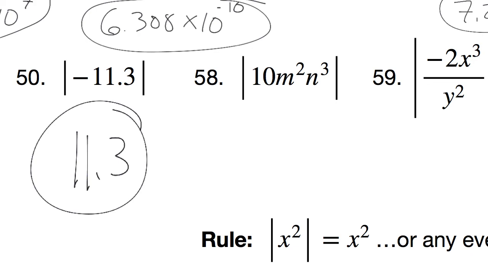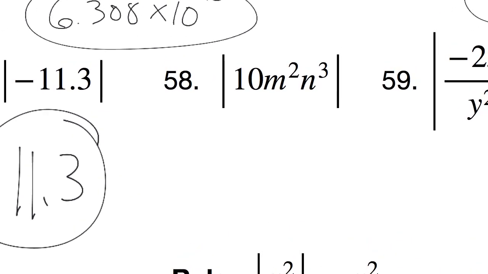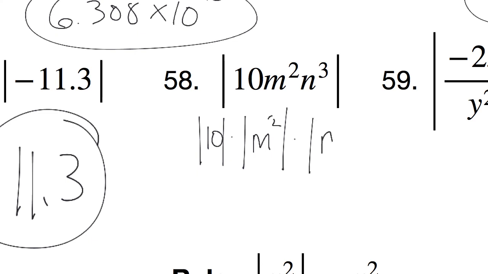Here, you can take the absolute value of things that are being multiplied, so it becomes the absolute value of 10 times the absolute value of m squared times the absolute value of n cubed. Now, the absolute value of 10 is 10.